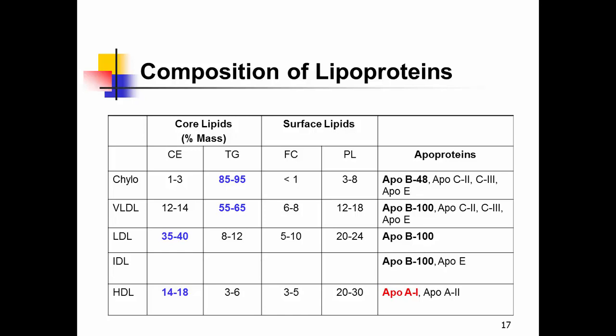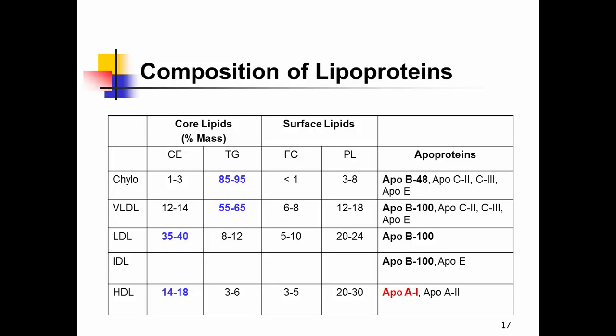So in other words, their main function is to help transport the triglyceride, right? And LDL and HDL are the cholesterol-rich lipoproteins, which means these two types of lipoproteins help transport the cholesterol.